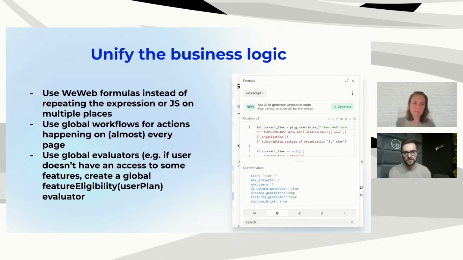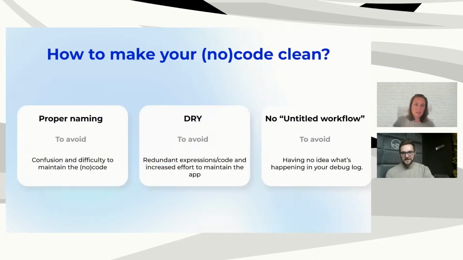True, false. Is modal B visible? True, false. You have five different variables. Instead, unify to one variable, like visible modal, which can take different values. It can be the name of the modal, A, B, and if it's open or not. Exactly. Cool.